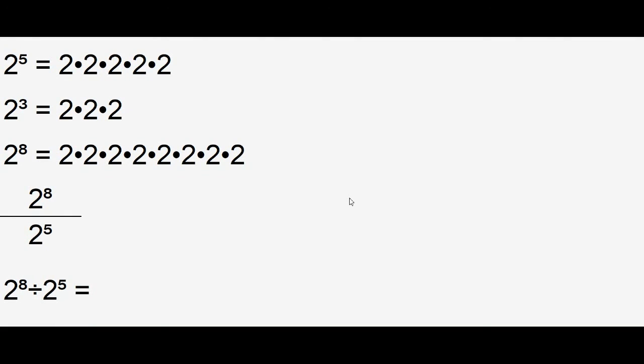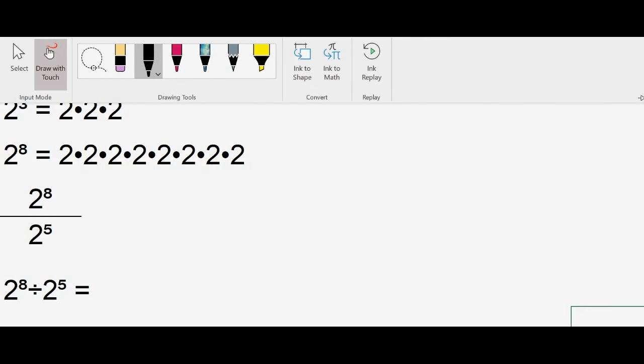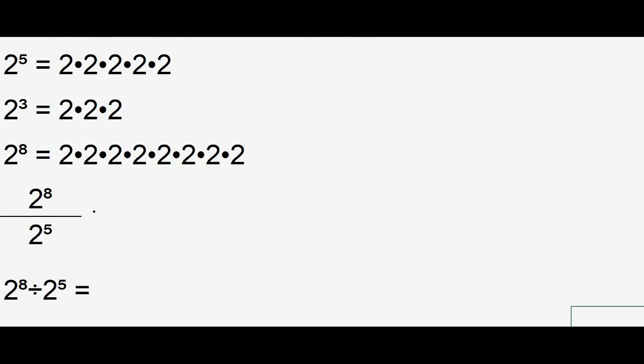If I look at the case of dividing exponential expressions, I'll go back in and add my dots.